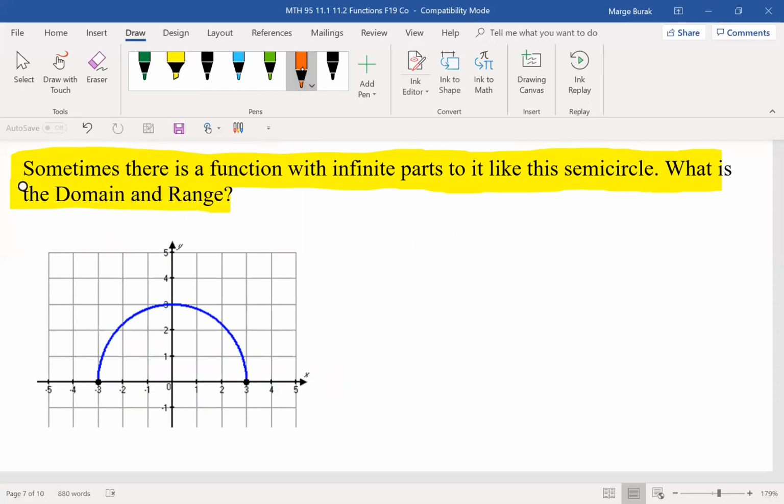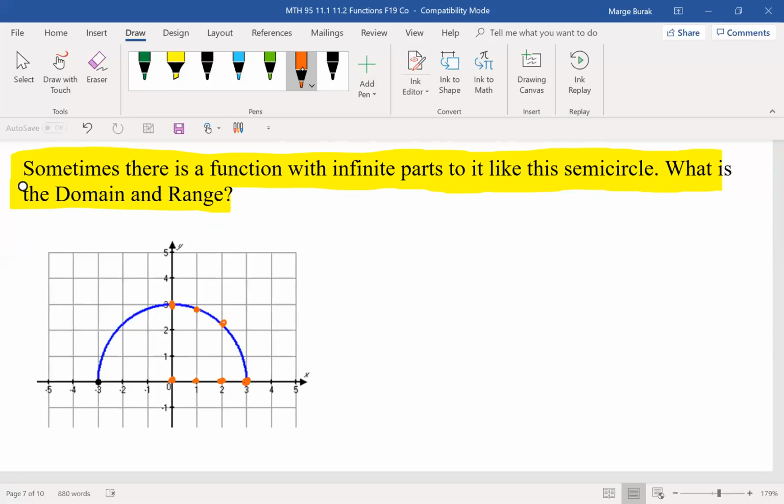Well, sure, x can be equal to 1, and y can be a little bit less than 3. And x can be equal to 2, and y can be a little bit more than 2. And x can be equal to 3, and y can be equal to 0. You can see these points, right?